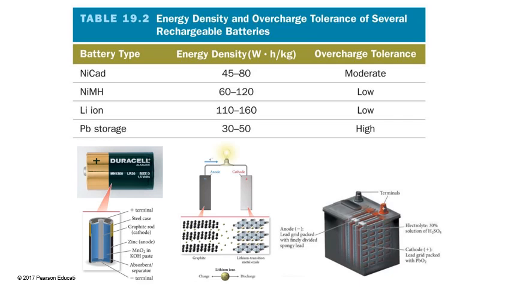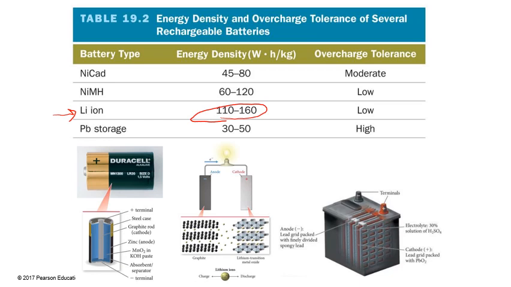So nickel cadmium, nickel metal hydride, lithium ion, which lithium ion is probably the most common now. And the reason for this is because it has a much higher energy density. So we can get more power with less weight because lithium on the periodic table has a very low mass.